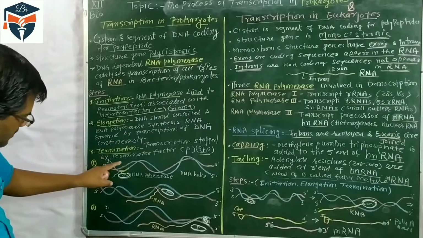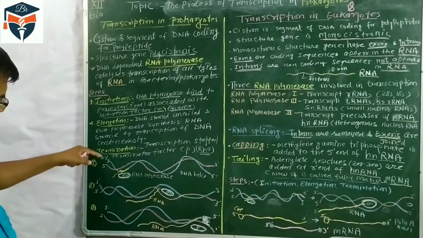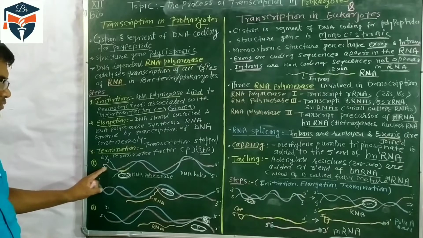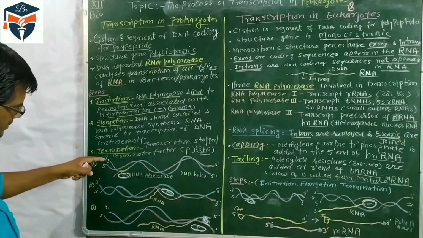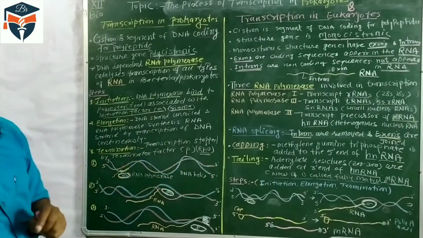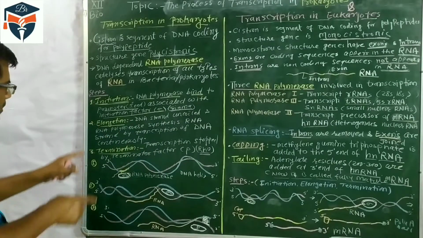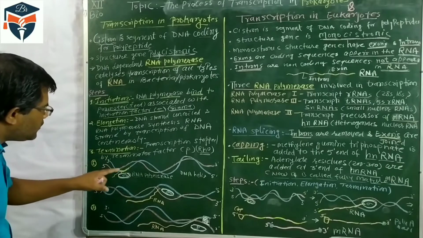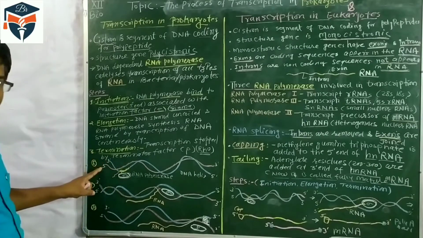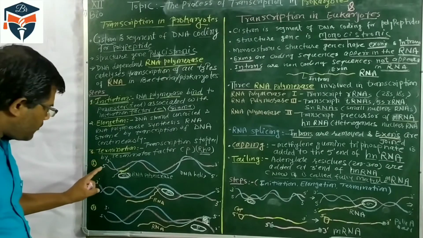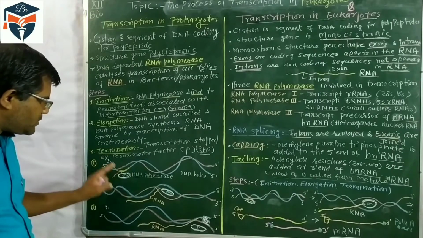You will see this is the DNA strand. In DNA, one strand has 5 to 3 polarity, the other has 3 to 5 polarity. The promoter gene in the transcription unit, as we have learned, is located at the 5th side.